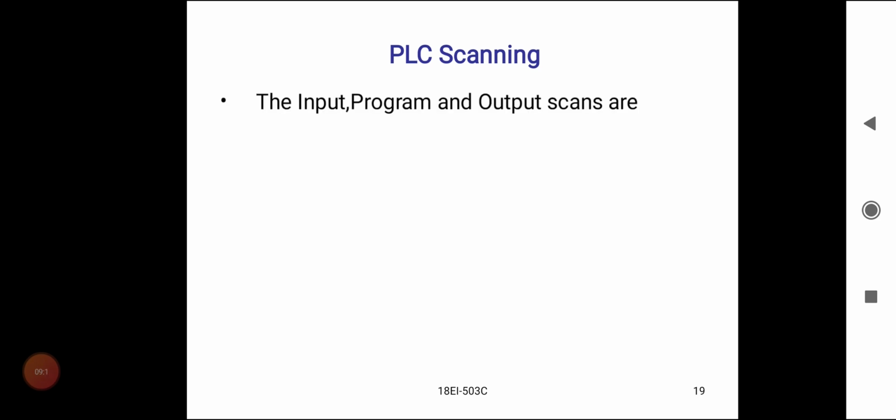The input, program and output scans are separate and independent functions.